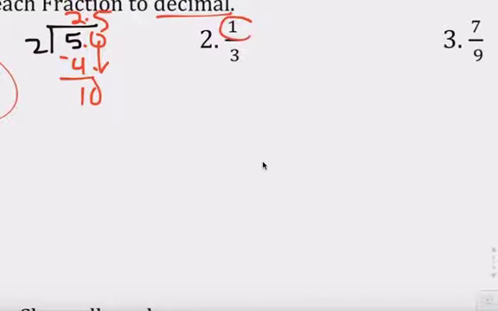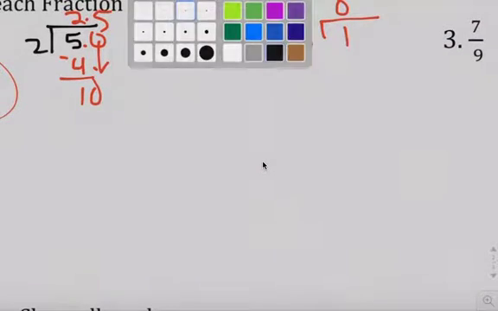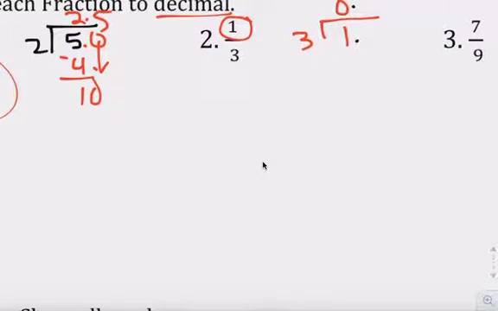Okay, top number goes inside, 1. Bottom goes out, 3. Cannot go in, put a 0. Then put a decimal. Decimal, add a 0 only inside. Goes in 3 times. 9, remainder 1. Put another 0, bring it down.